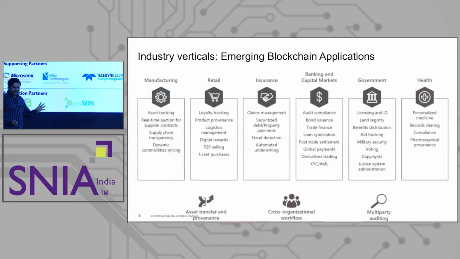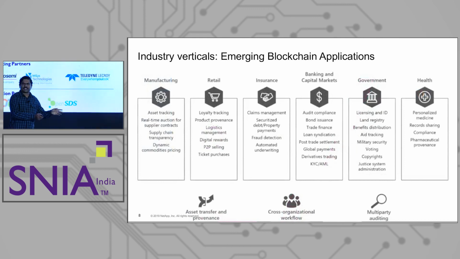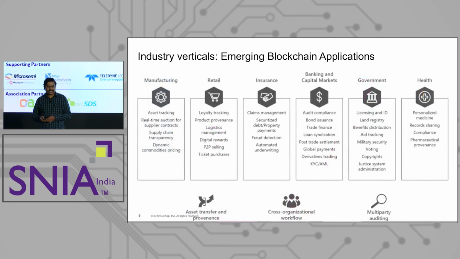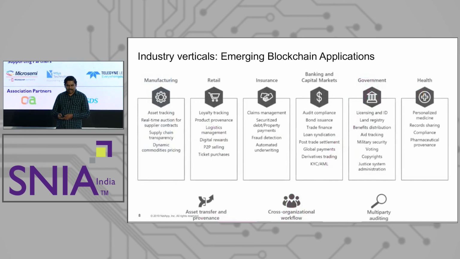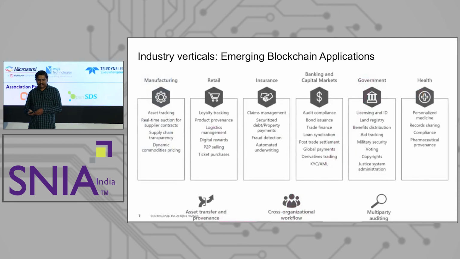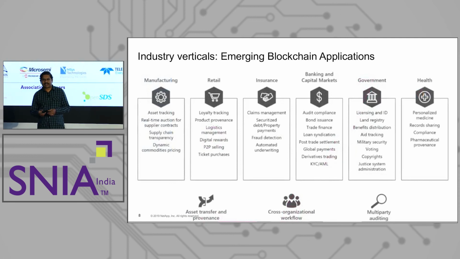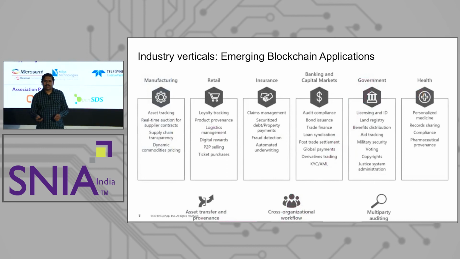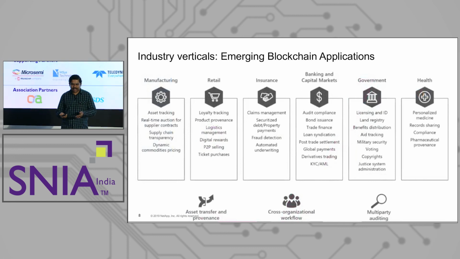Here we see typical use cases where it is applied across various industry verticals, where we can develop a decentralized application leveraging blockchain technology. For example, the health sector, sharing of medical records across different hospitals, pharmaceutical provenance, government land registry, and banking.